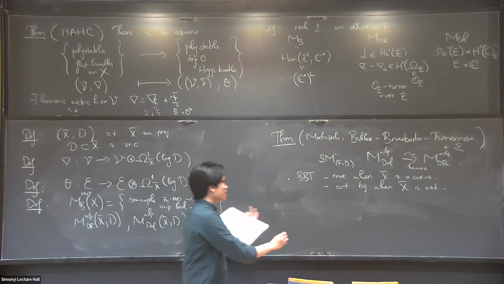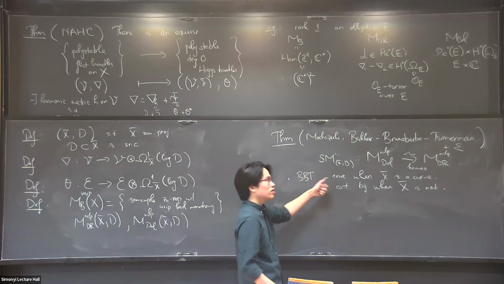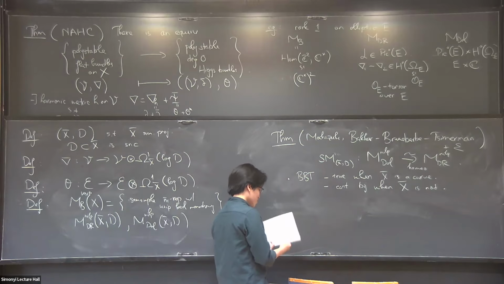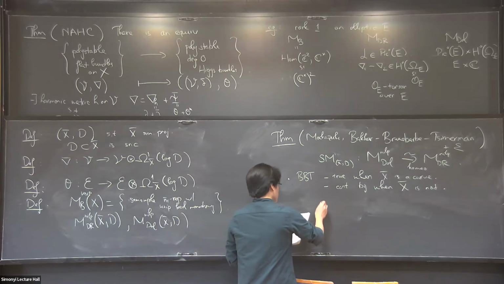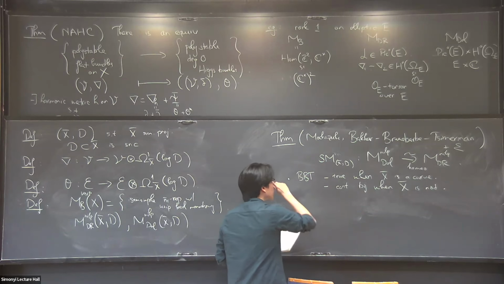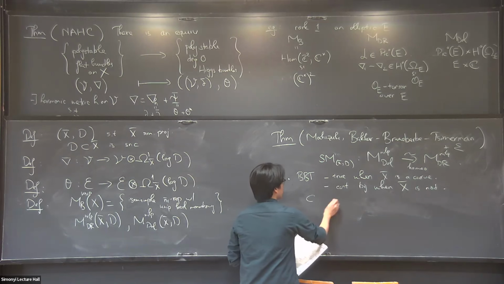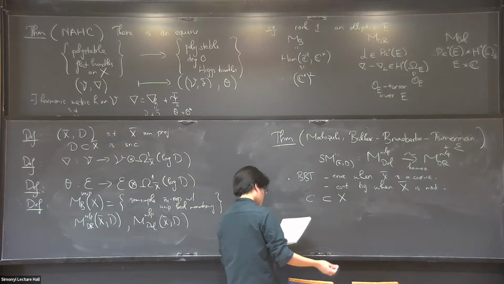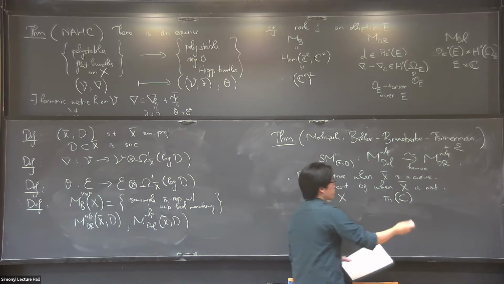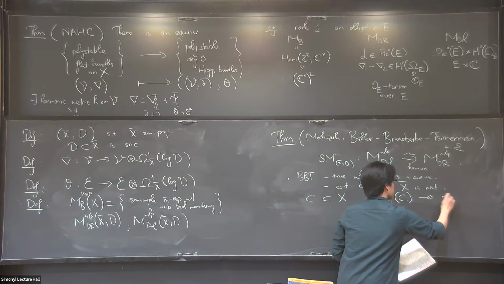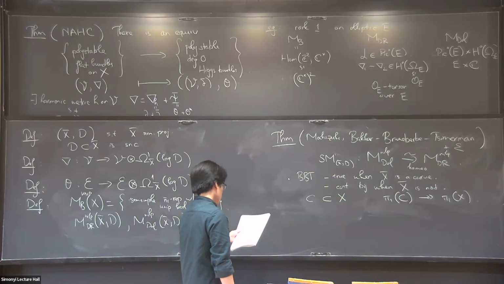Okay, so let me outline the strategy for moving from the curve case to the more general case, and then I will tell you how to strengthen that into a homeomorphism. The idea is that there exists a Lefschetz curve C inside X such that you have an injection of fundamental groups.